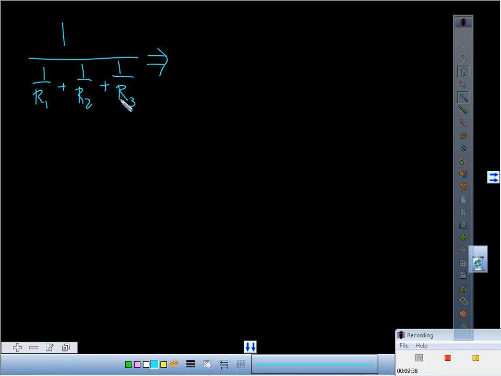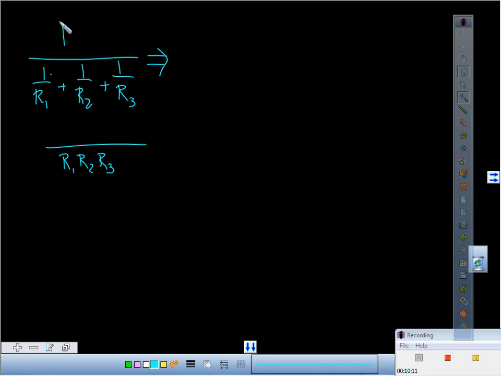That means you have to add these 3 things, which means you find a common denominator between R1, R2, and R3. What is it? R1, R2, and R3. And then what do you multiply this one by to make it look like this one? R2 and R3. What do you multiply this one by? R1 and R3. What do you multiply this one by? R1 and R2.